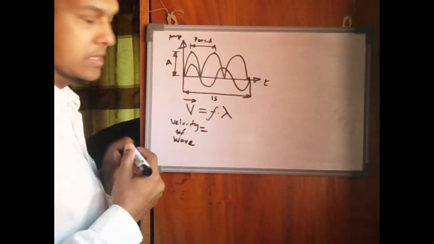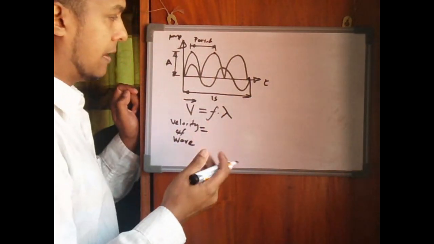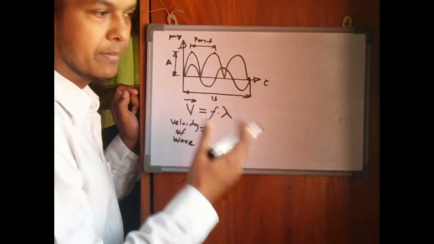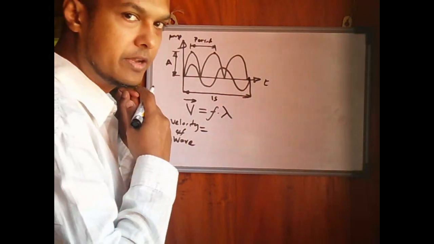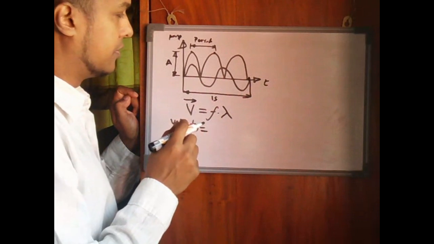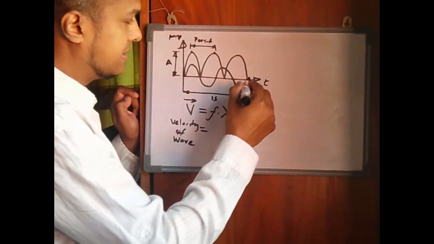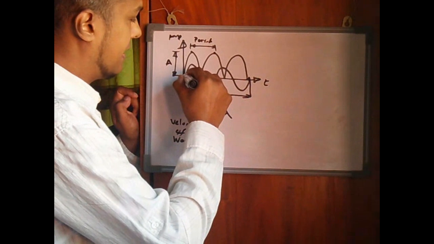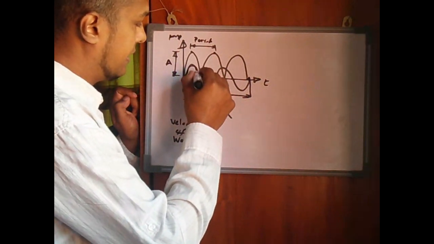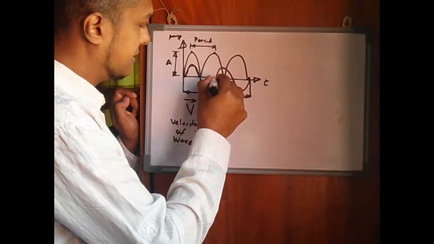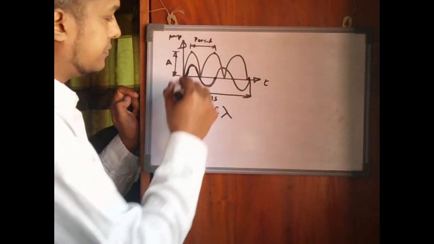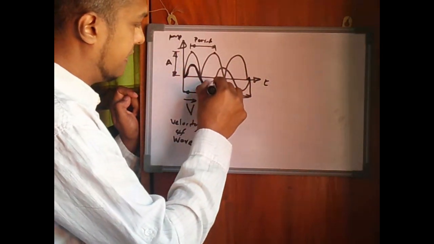And that's frequency. Frequency is how frequent the wave happens, how frequently the wave travels across a certain time. In this case, this is 1 second, and this is one wave. It starts from this point, and the next same point is up here. So that's actually one wavelength.